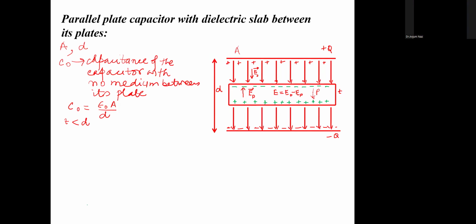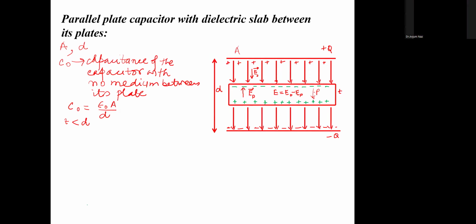The dielectric gets polarized with dipole moment whose direction is same as that of electric field E naught, because due to this polarization, negative induced charges will appear on this side and positive on that side.